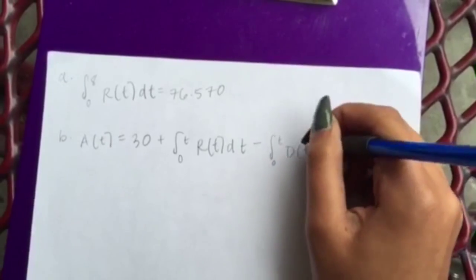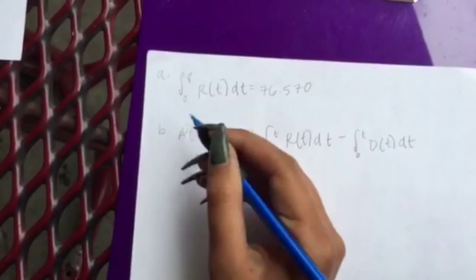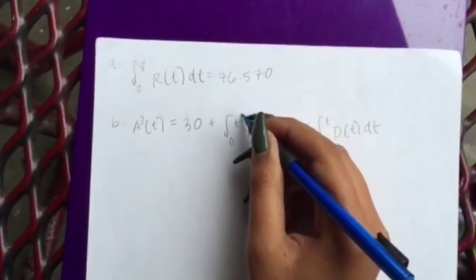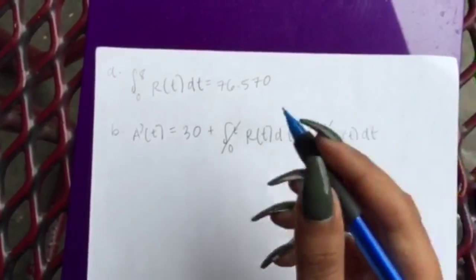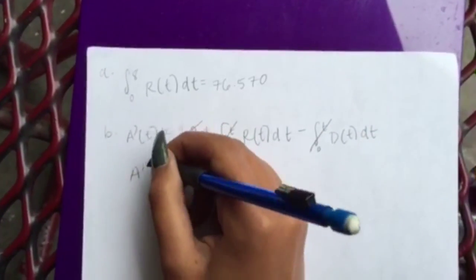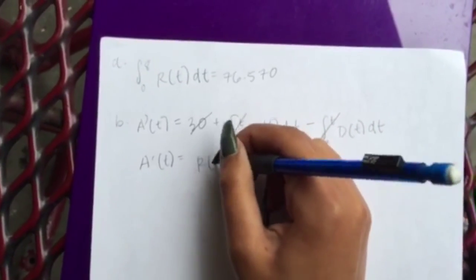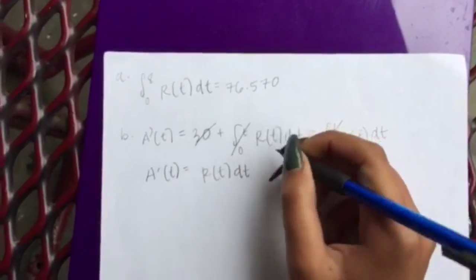And we're finding the derivative of this, which means that the integrals would cancel out and the 30 would also cancel out. So then you're left with A prime of t is equal to r of t minus d of t.